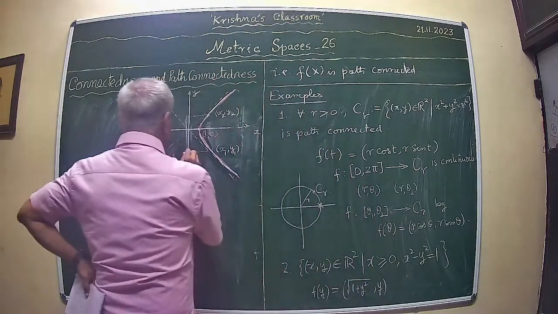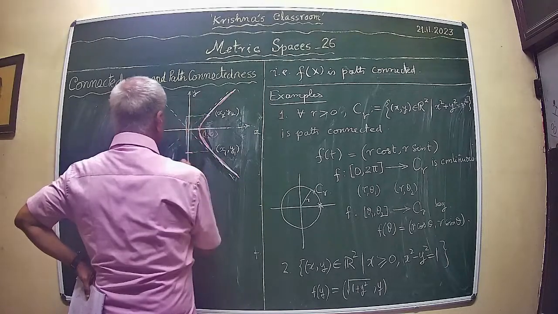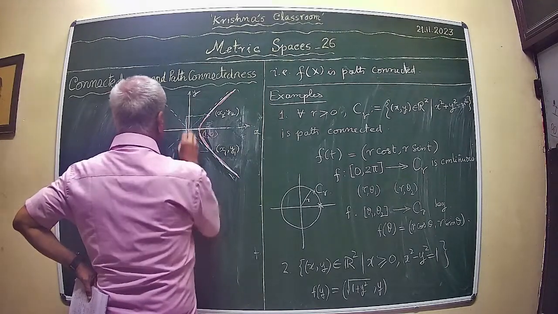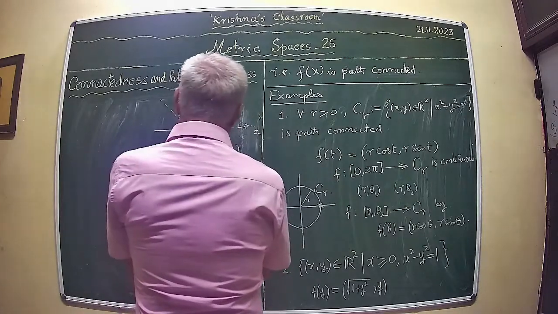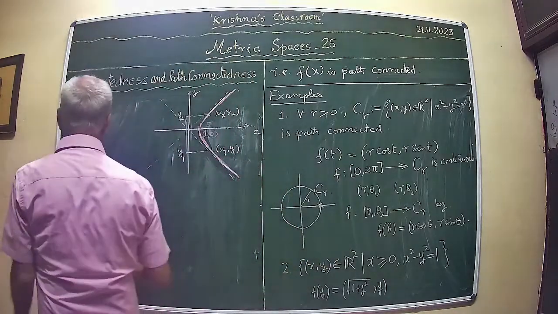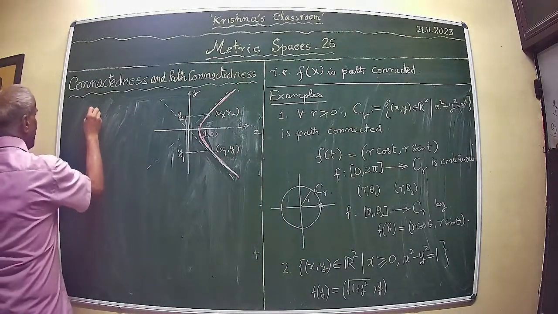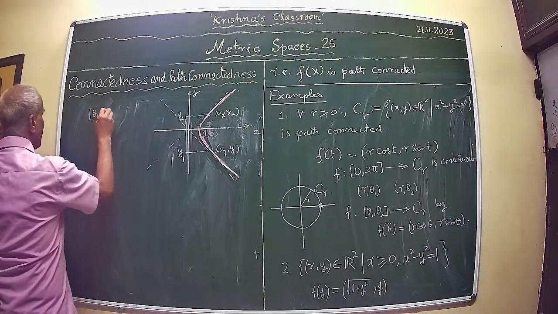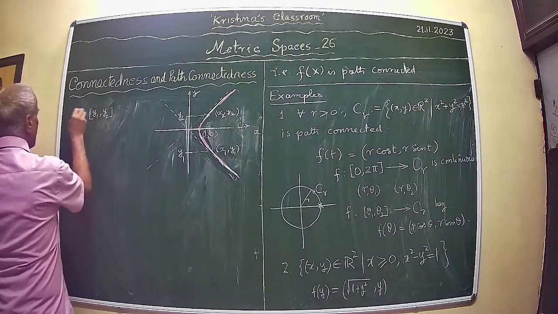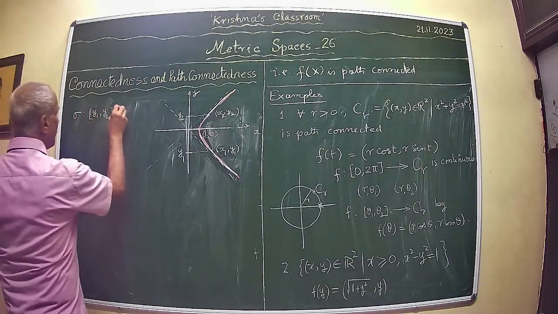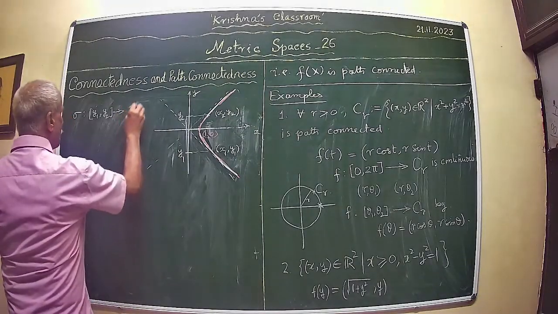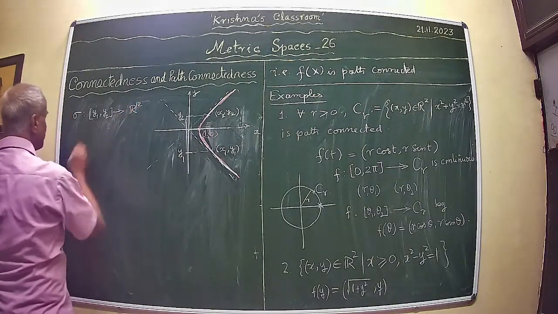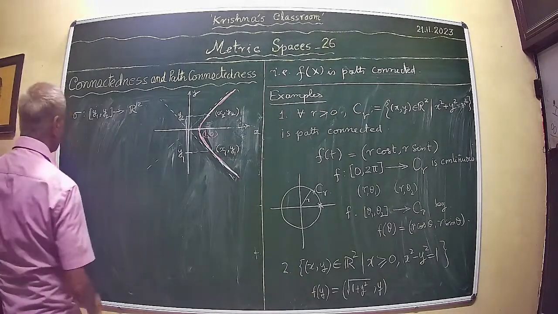Then you choose y1 to y2 as the parameter. So you can define a function, how do you define it?